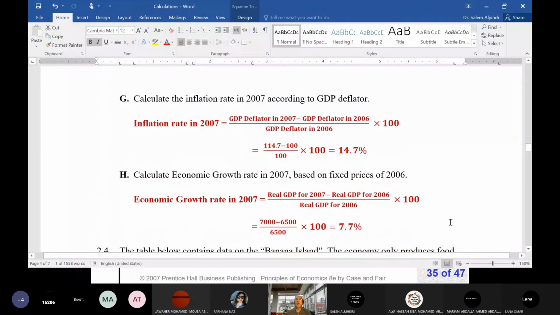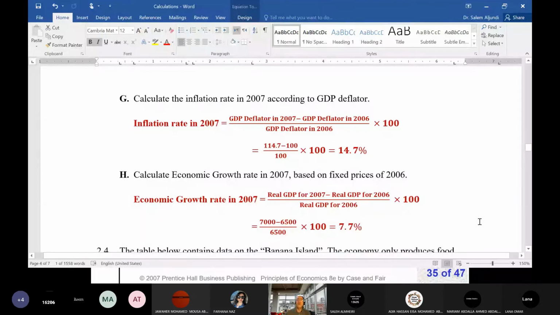Calculate economic growth rate in 2007 based on fixed prices of 2006. That means when you calculate economic growth rate, use the data of real GDP. Because when the matter comes to economic growth, we are interested in the increase in quantities rather than increase in prices.